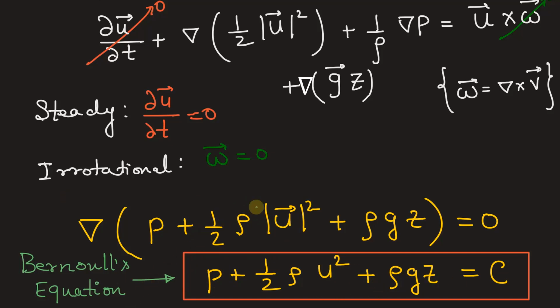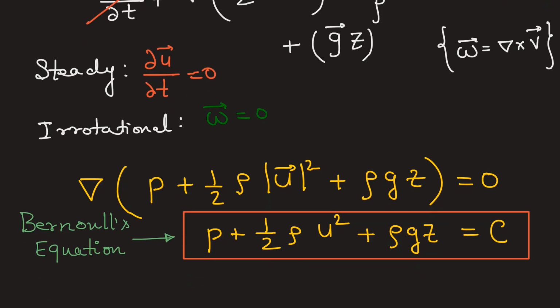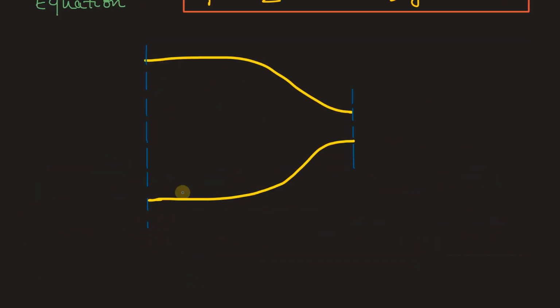Now it's better that you pause the video and see if you can solve this problem using the given information and the concept explained here. Now coming back to the problem, in the given problem, the nozzle has two sections, section 1 and section 2.